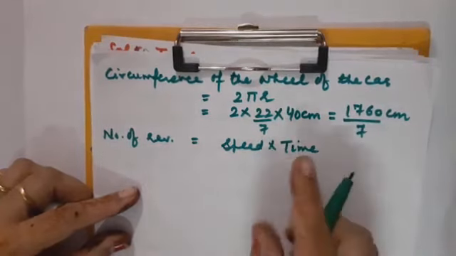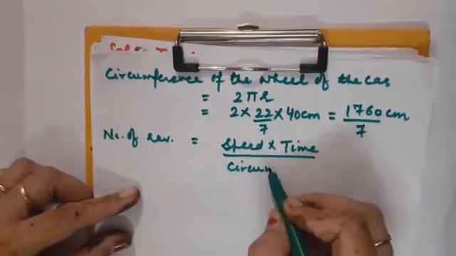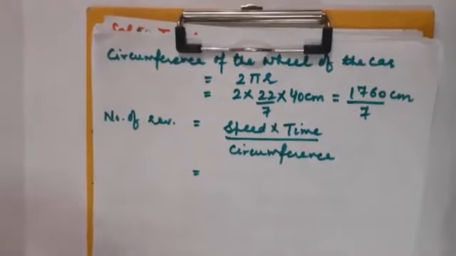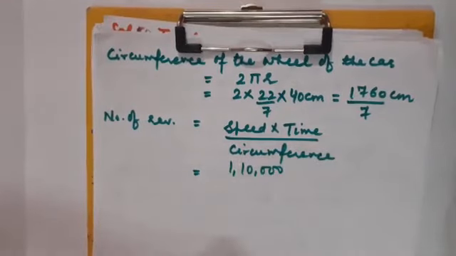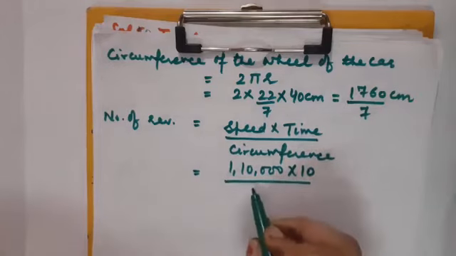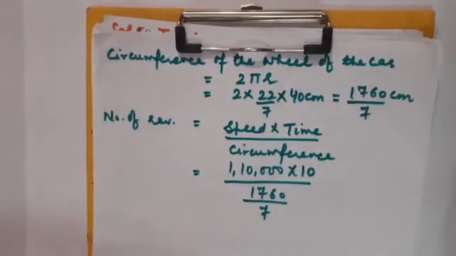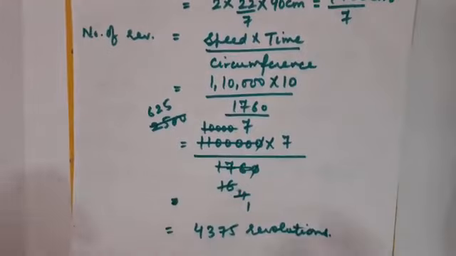This is actually the total distance divided by what? Circumference of the circle, which I have just found now. Clear? So speed which we calculated, that was 1,10,000 centimeter in 1 minute. Now I have to calculate it in 10 minutes. Must be multiplied by 10 minutes. Yes or no? So it should be divided by this circumference so that we can come to know the number of revolutions. Got it?